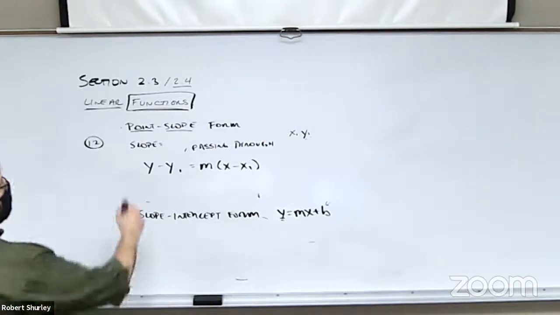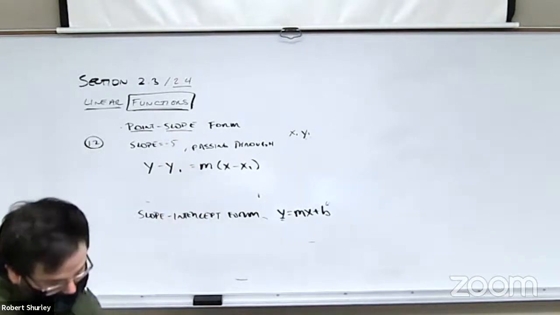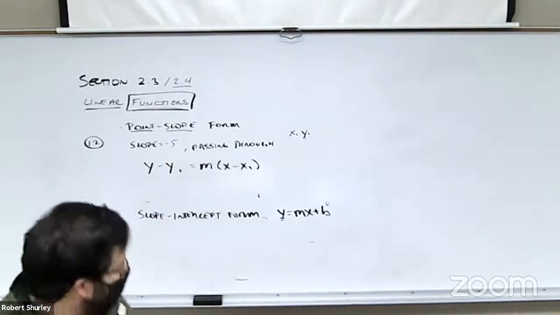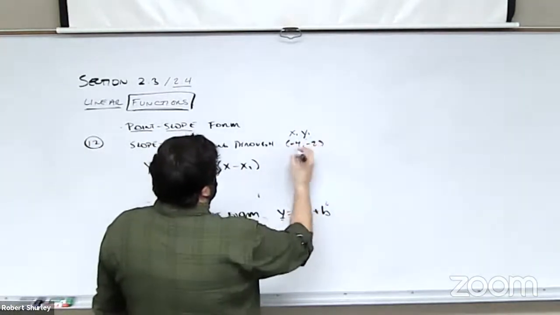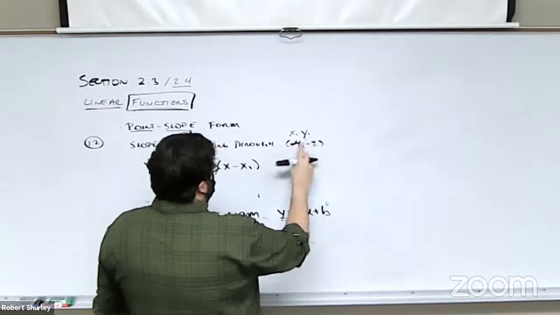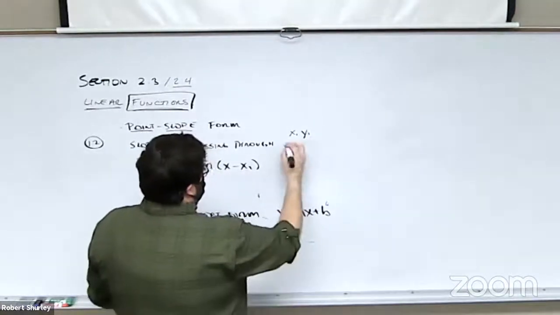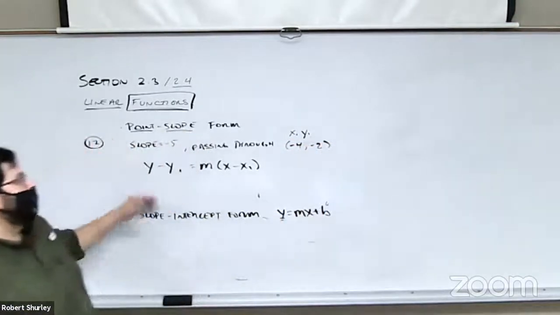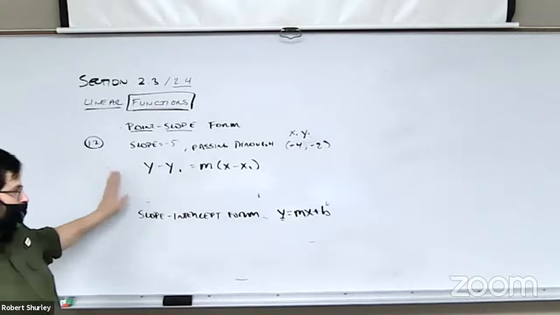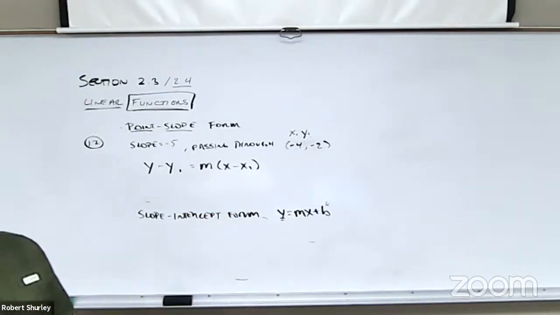Number 16 says we have a line with slope -5 that passes through -4, -2. So I want you to try this now. Put it in point slope form, and then solve for y to get into y equals mx plus b. I'll give you a few minutes.